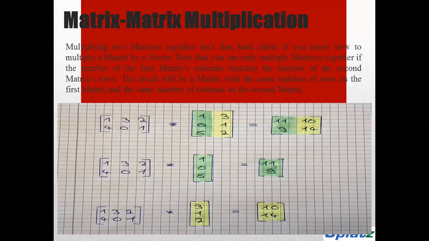So p is the number of rows of the first matrix and n is the number of columns of the second matrix. That is the output.